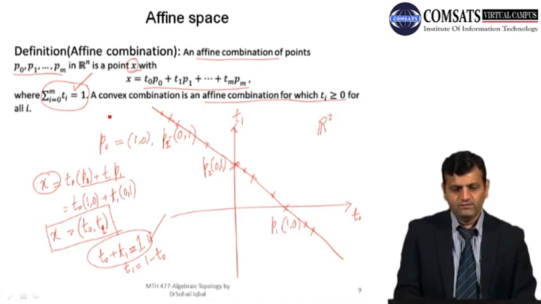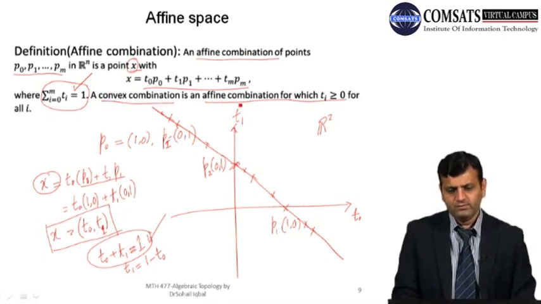Similarly, we can impose another condition. Let's see if I have these points P0 and P1, and I want to study the convex combination. In the convex combination, there is another extra condition that all the Ti's should be greater than or equal to 0. If we impose this condition on the T0 axis and T1 axis, we are saying that we are only in the first quadrant.